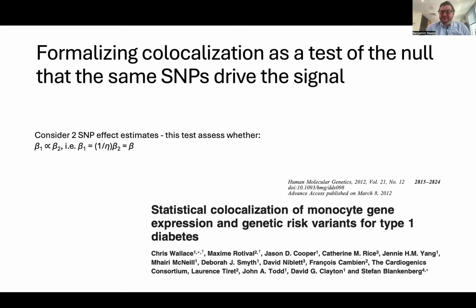And as a consequence, a null finding was similarly interpreted as potentially overlapping, but also potentially just underpowered. And so that created some problems in interpretation in terms of what the colocalization test is trying to resolve in this setting.